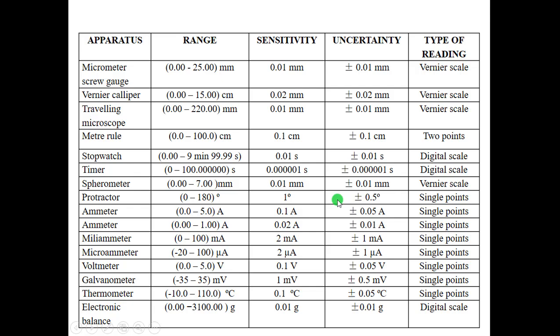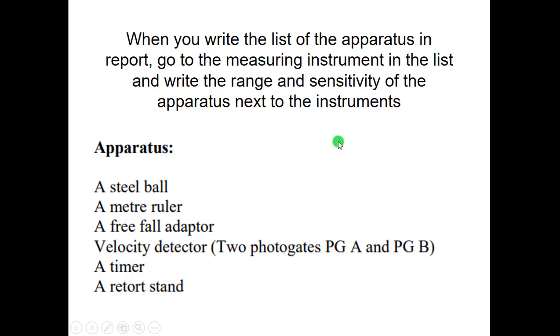Here is a table as a guideline that you can refer to from time to time to note down the sensitivity and the uncertainty for the various apparatus provided in our laboratory. Bear in mind, when you write the list of apparatus in your report, go to the measuring instruments in the list and write the range and sensitivity of the apparatus next to the instrument.